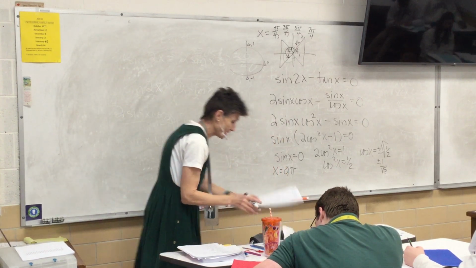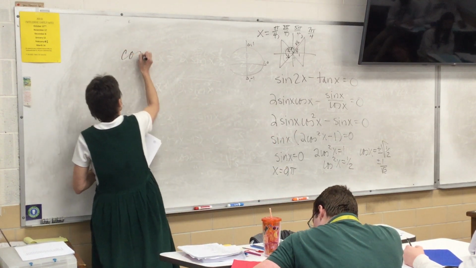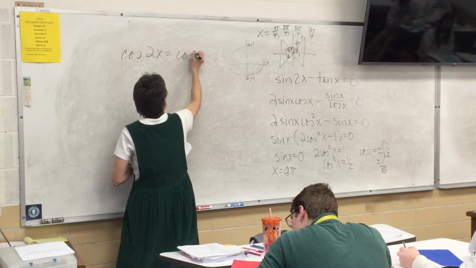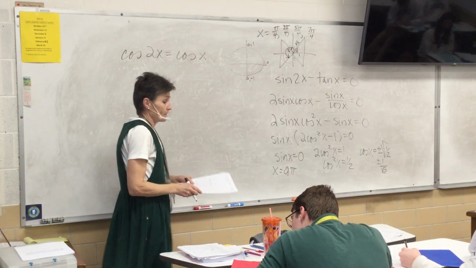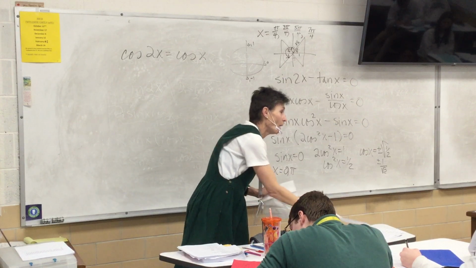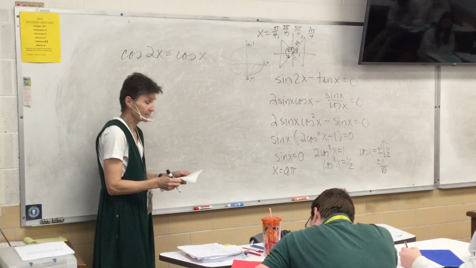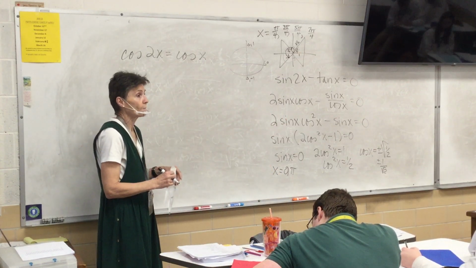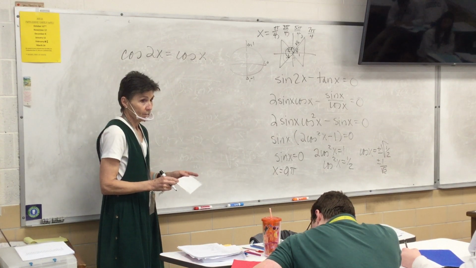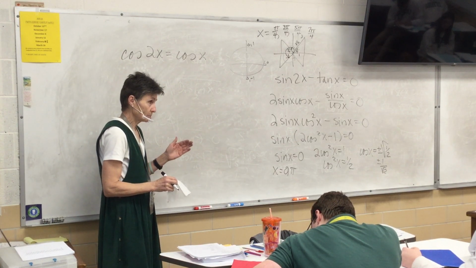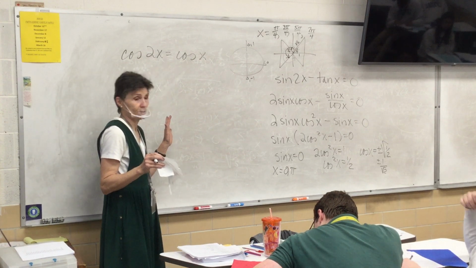All right, so the cosine 2x equals cosine x. Now, cosine 2x is one of the identities that appears in more than one form. The problem is doable regardless of which form you use.